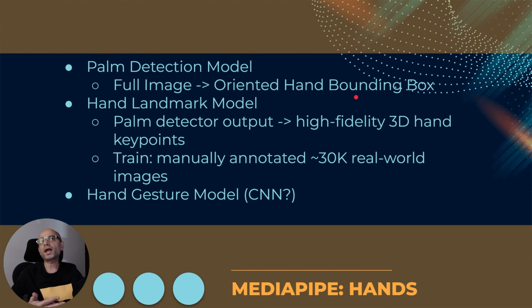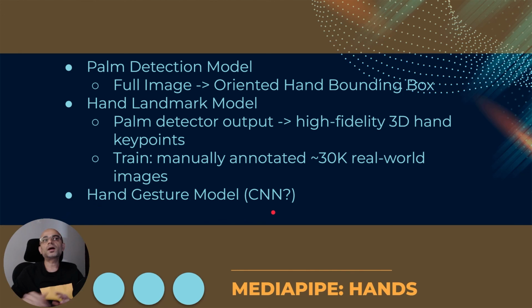It should detect the hand from the image. Given this bounding box detected by the previous model, the hand landmark model should try to find the high fidelity 3D hand key points. This model was trained using around 30k real world images which are manually annotated.